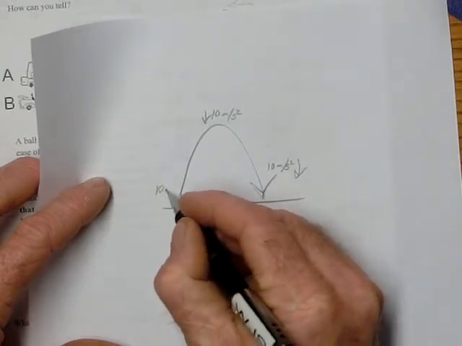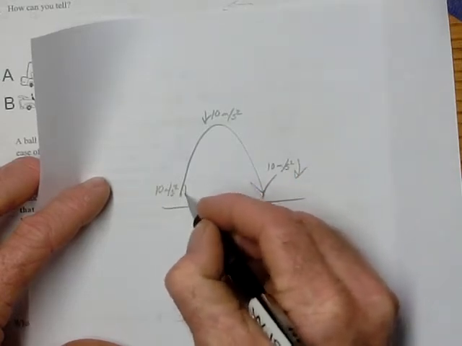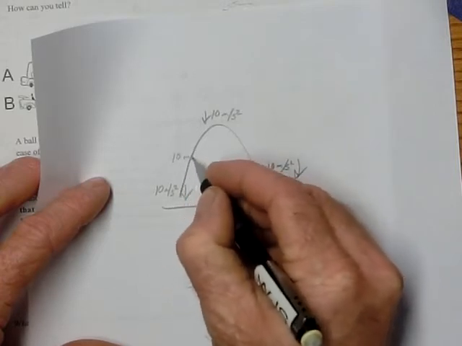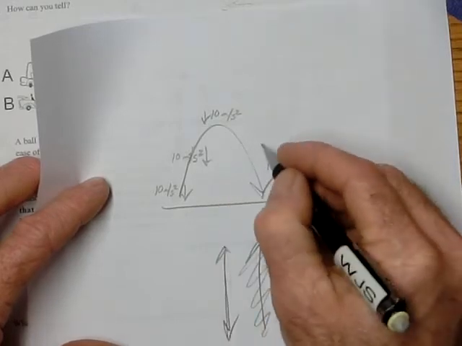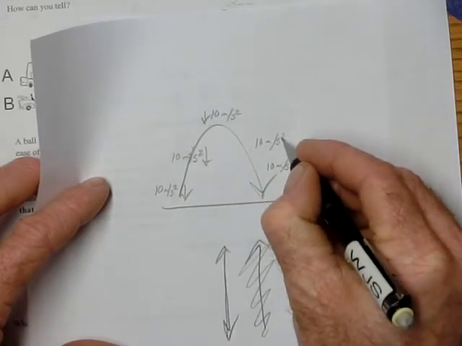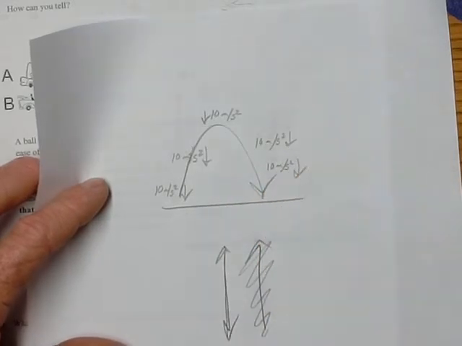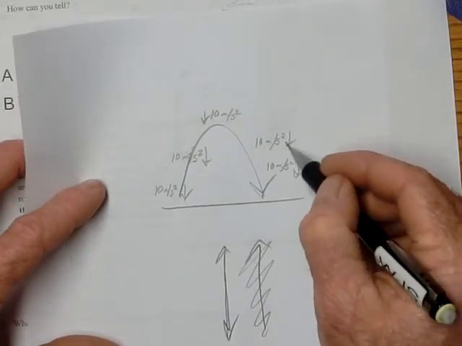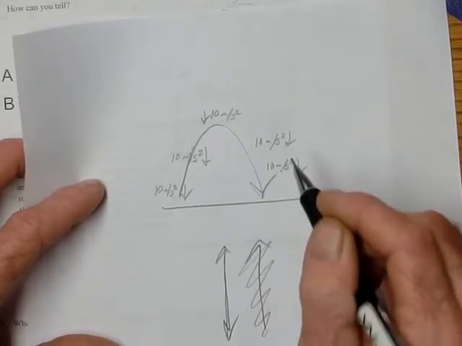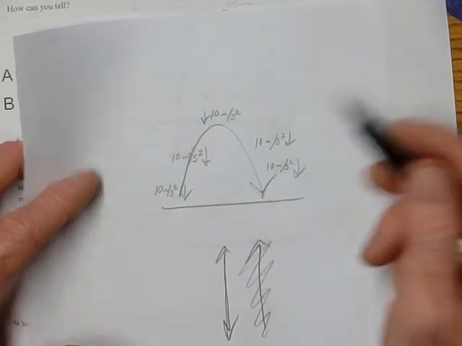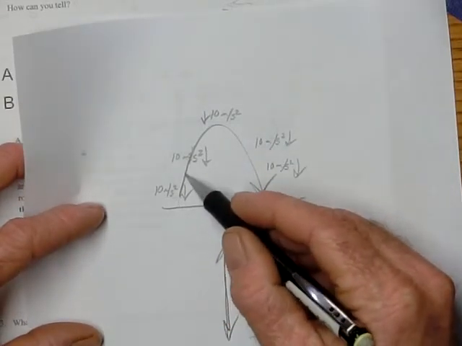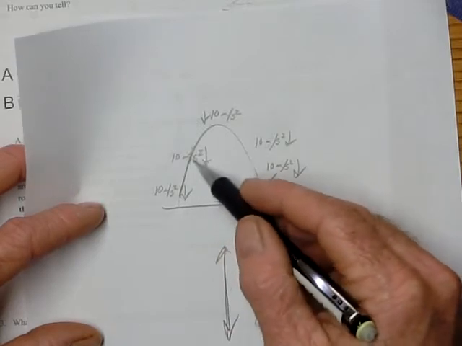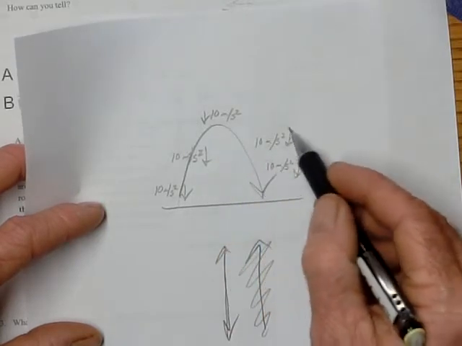Sorry, I've been leaving out the squared. Over here, 10 meters per second squared downward. That's just using a vector, using an arrow to show the same thing as what the negative is doing. And that might be really a better way to do it, because that gives you an idea that when you're going up, you're moving against acceleration, so it's slowing you. When you're coming down, it's helping you, it's giving you a push.